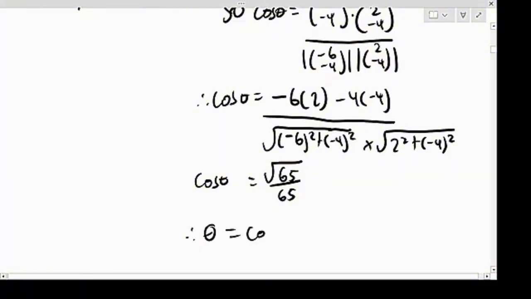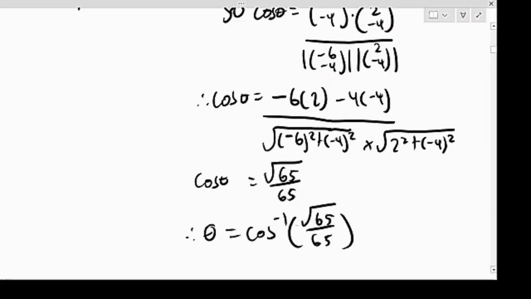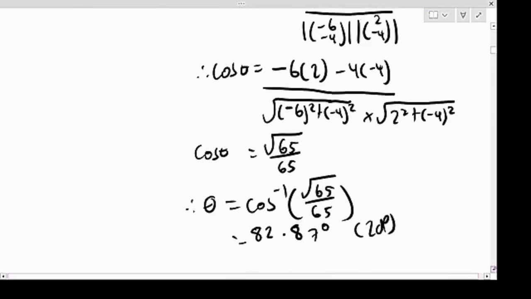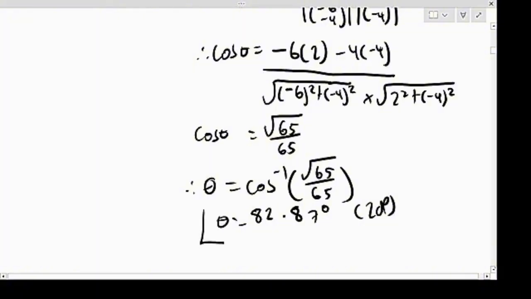So then we just get theta to be 82.87 degrees to 2 decimal places, and that is my angle of deflection there. Okay, so there we are.